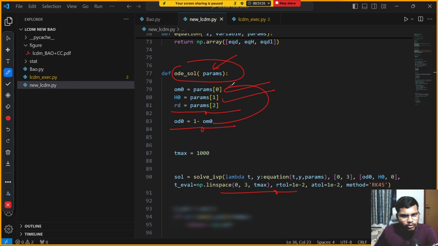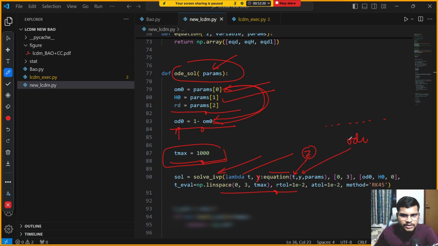Omega m0 will be coming from here to here, all right? OD0 will be given over here. Tmax is how many points I'm calculating at each redshift. Solve_ivp, lambda t, y, where y is for these variables, right? The equation has some t, because redshift is basically this t, right? This is a variable. Y is your variable.